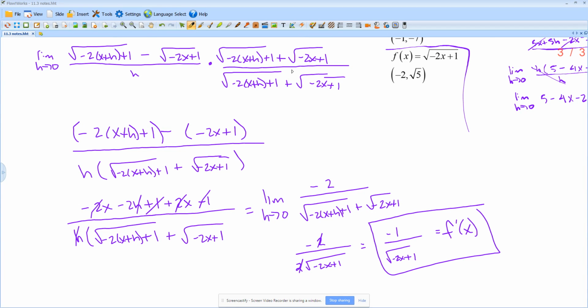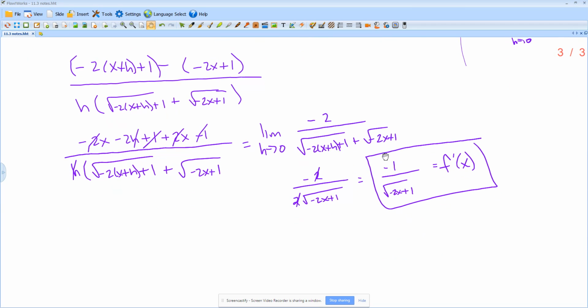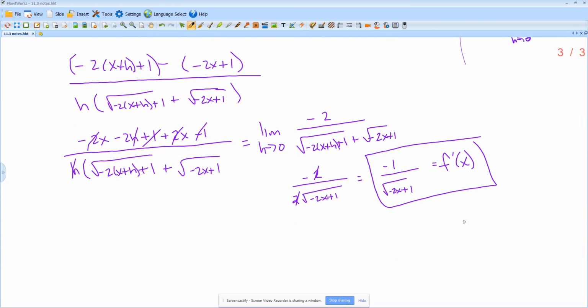Now I want to know what is the derivative, or what is the slope of a tangent line at the specific point negative 2. So I need to find f prime of negative 2, which will be negative 1 over the square root of negative 2 times negative 2 plus 1. So f prime of negative 2 is equal to, negative 2 times negative 2 is 4, plus 1 gives me 5, so this is negative 1 over square root 5.